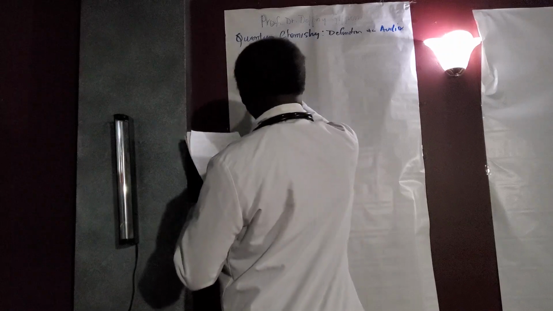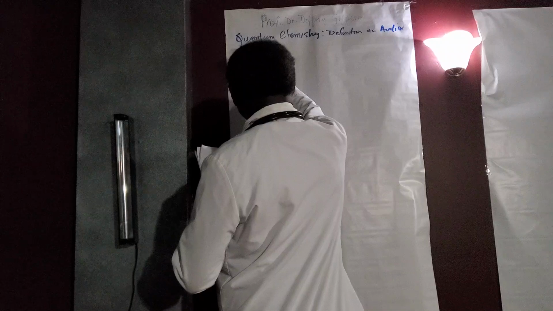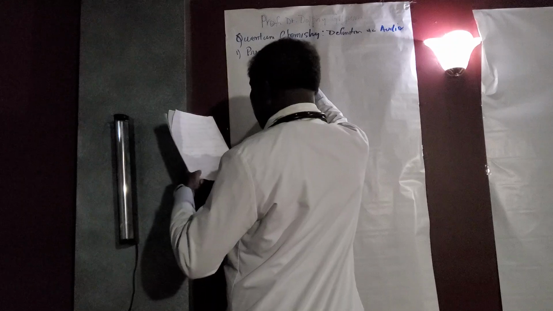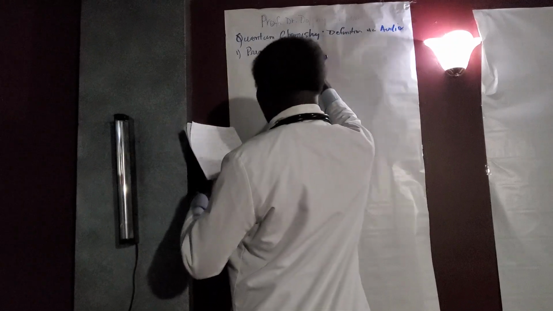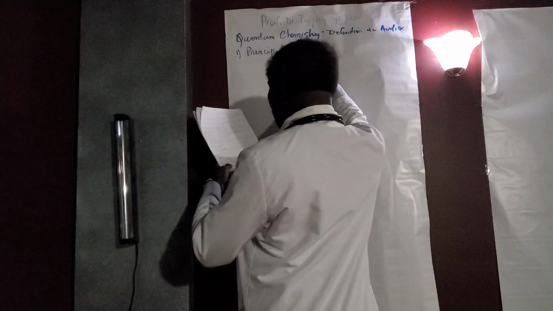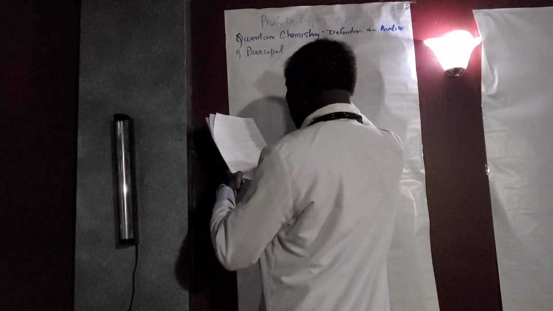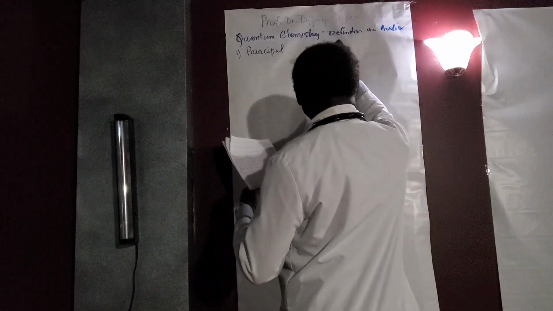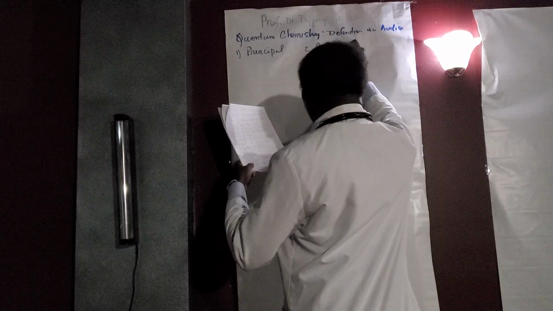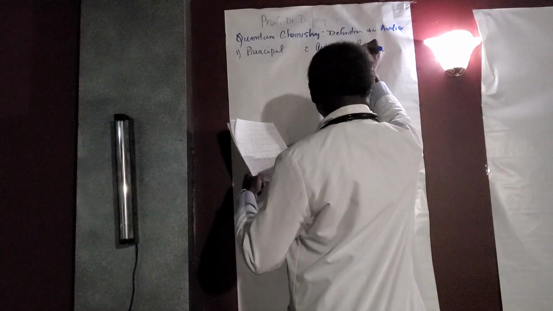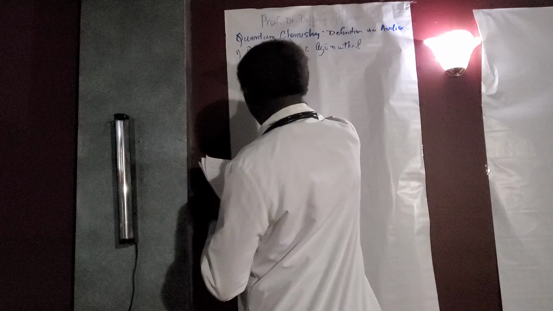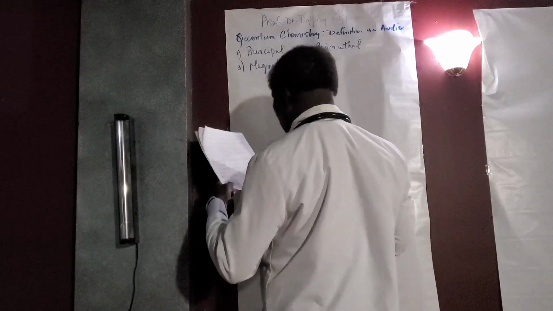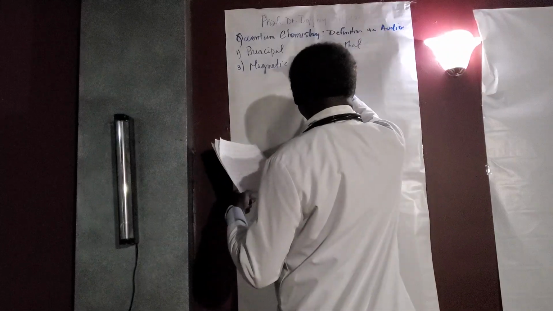Quantum numbers are what it is. 1, principal, 2, and this is not necessarily in order, azimuthal, 3, magnetic, and 4, spin.